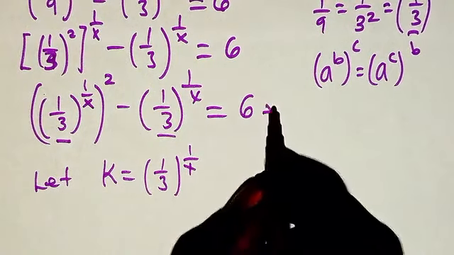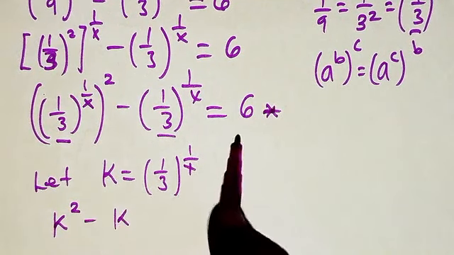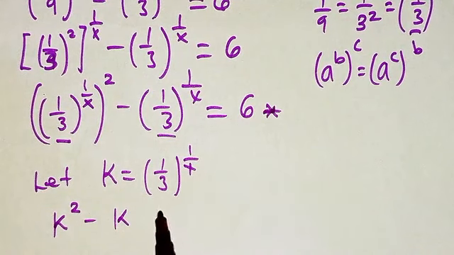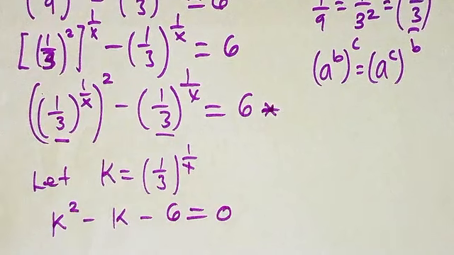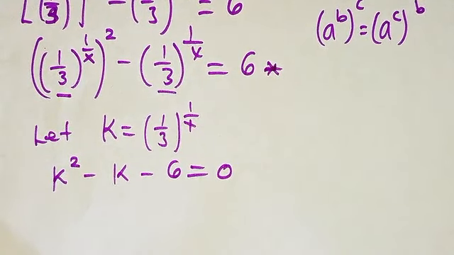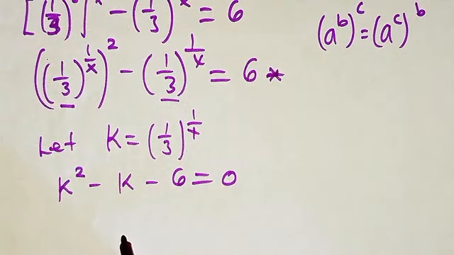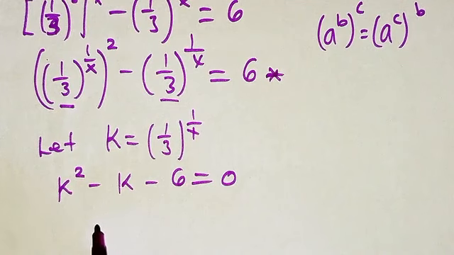So we have k squared minus k, then I bring the 6 to the left hand side: k squared minus k minus 6 equals 0.